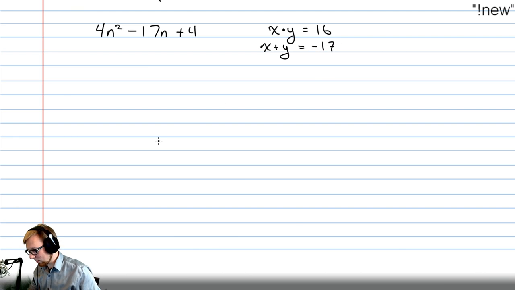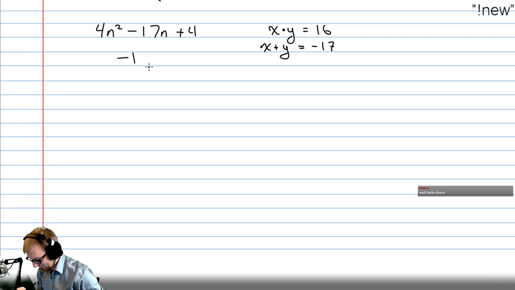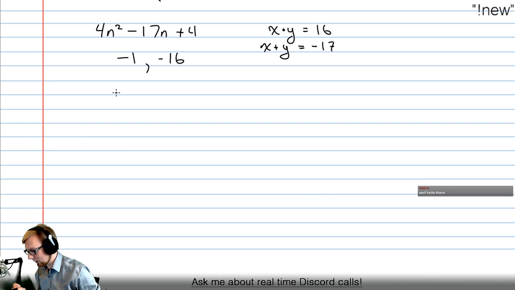Good. So this one should be pretty easy. Negative 1 times negative 16. Good. And then negative 1 plus negative 16. Yeah, you found the 2 already, so you're good.